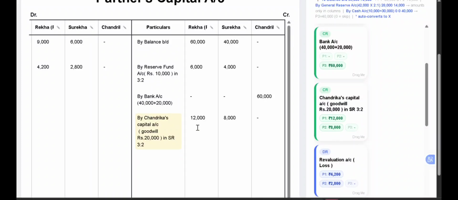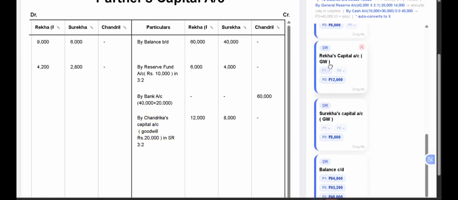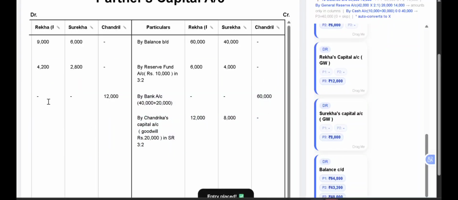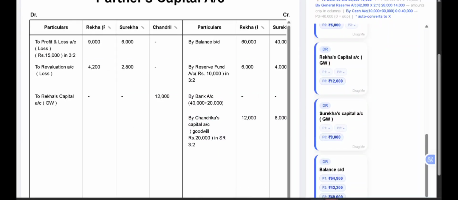So this is the goodwill which is brought in by the new partner distributed to the old partners. Now, since this goodwill is distributed from Chandrika to the old partners, it should be deducted from Chandrika's account because she is giving it to the old partners. To reduce the amount from Chandrika's account, we are going to write the entry on the debit side. So that is Chandrika gives to Rekha, so write on the debit side to Rekha's capital account.